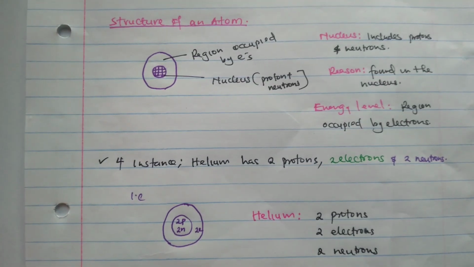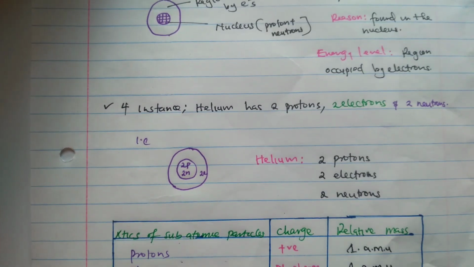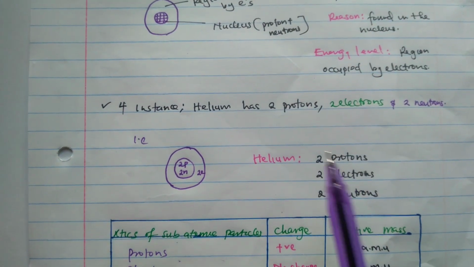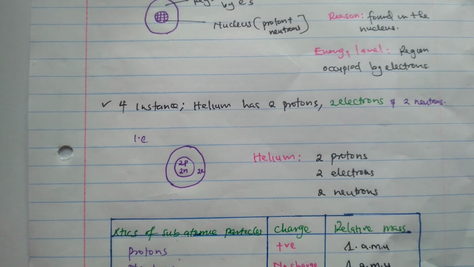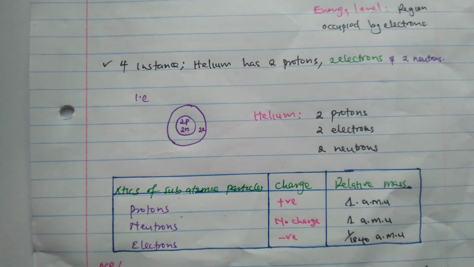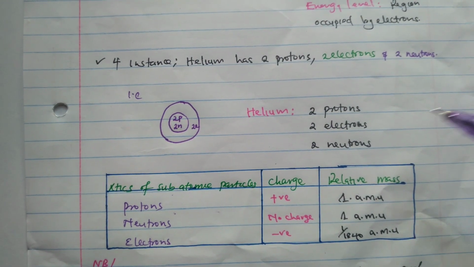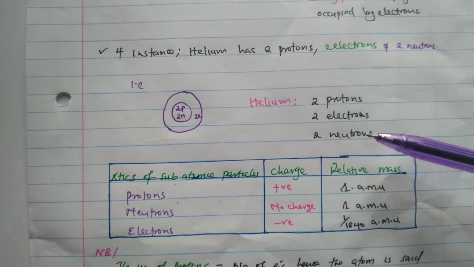I'll explain more. Okay. So, for instance, helium has 2 protons, 2 electrons, and 2 neutrons. So, for us to do the structure of helium, we need to be able to know that it has 2 protons, 2 electrons, and 2 neutrons.